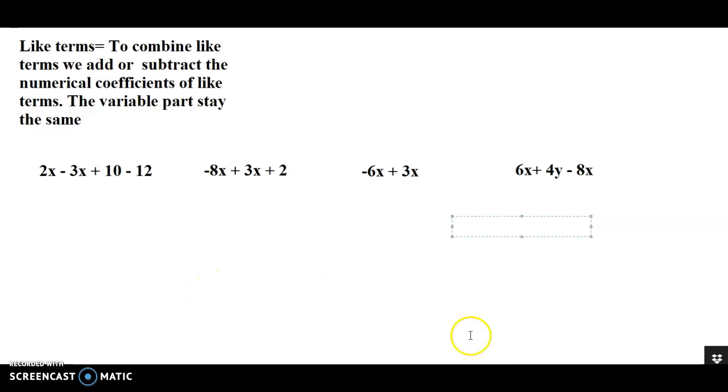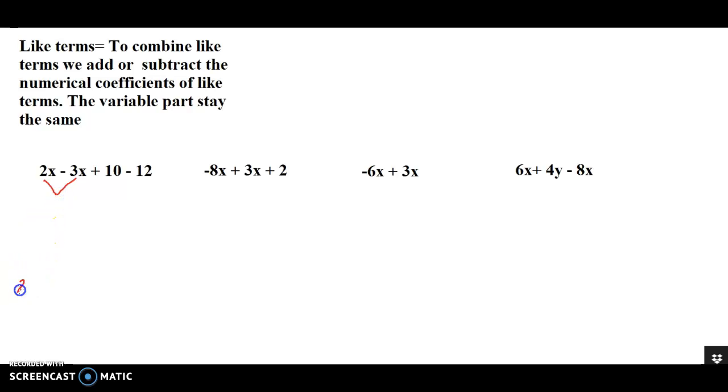Okay, so let's look at the like terms here. We're asked to take 2x minus 3x.